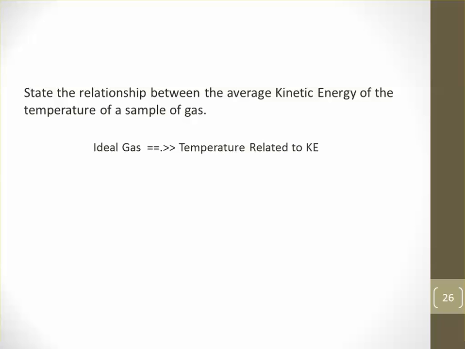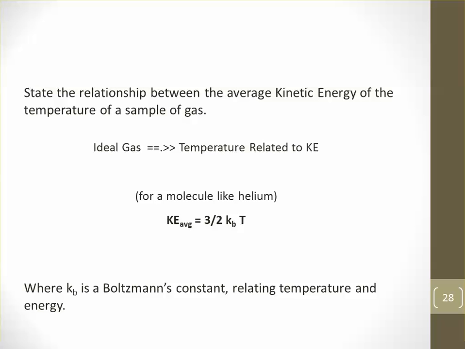So the ideal gas is related to the temperature. It relates the temperature to the kinetic energy. For a molecule like helium, the average kinetic energy is equal to 3/2 times the constant k sub B, also called Boltzmann's constant, times the temperature. Boltzmann's constant is just a constant that relates temperature and energy.